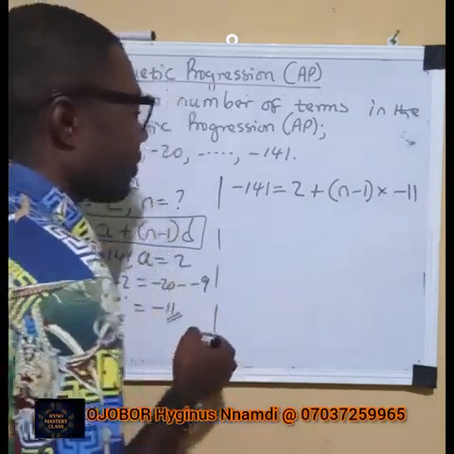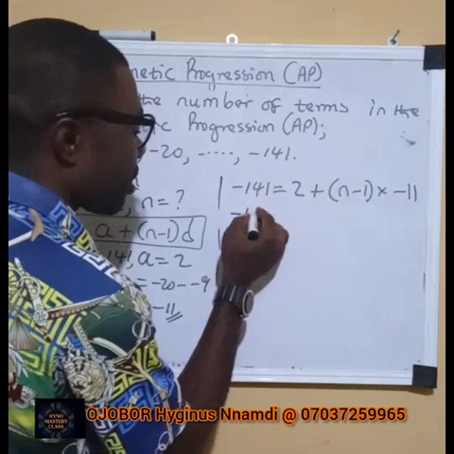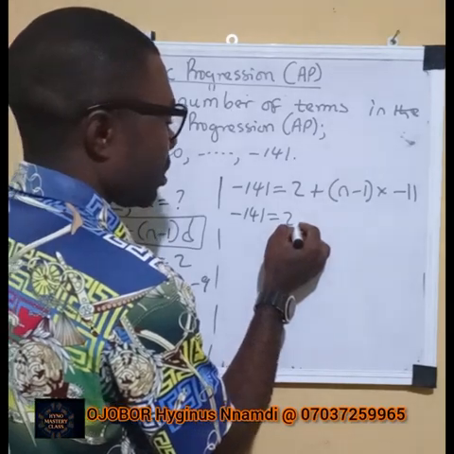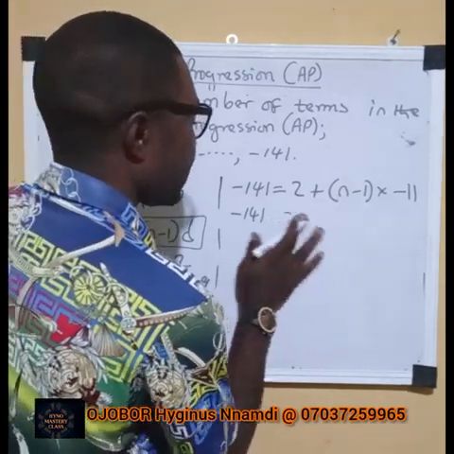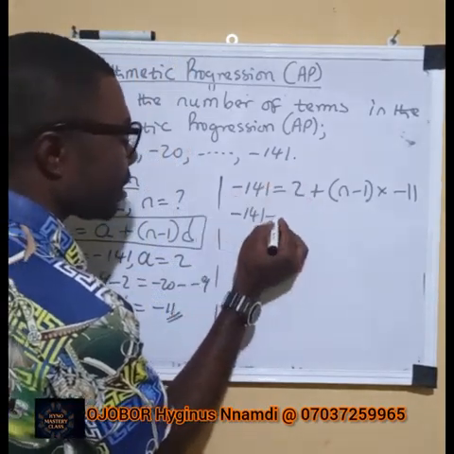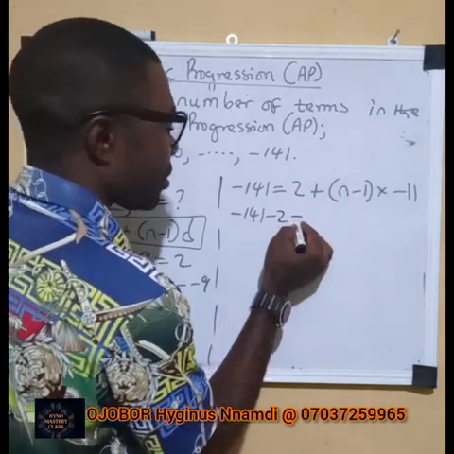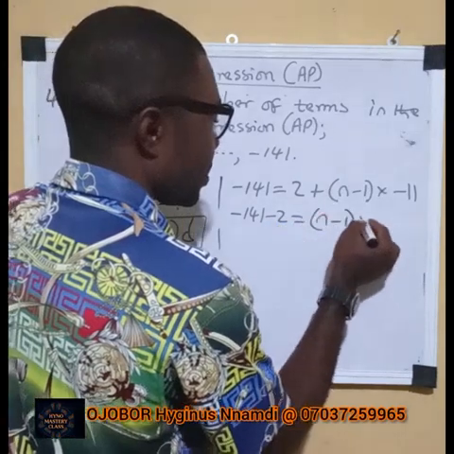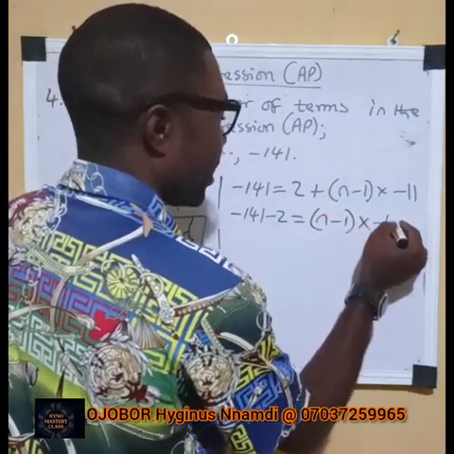So if we simplify this, -141 equals 2 plus... we can decide to collect like terms. Let 2 cross the sign of equality and it becomes -2 is equal to n minus 1 times -11.